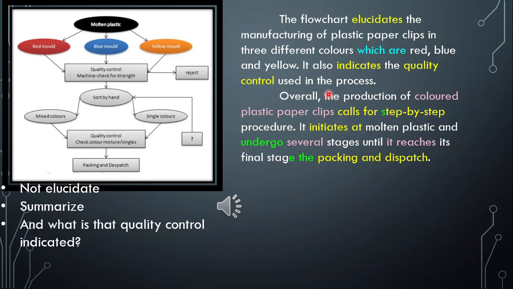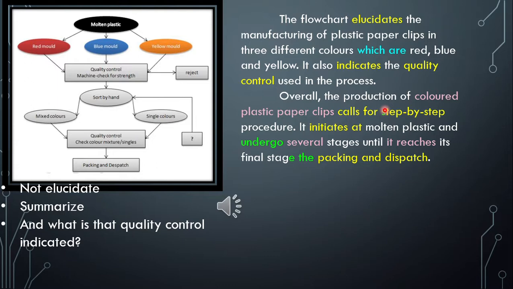Okay, your overview. "Overall, the production of colored plastic paper clips." You need to summarize, right? Plastic paper clips of different colors. "Colored plastic paper clips." Don't say this. It's not summarizing. Anyway, I'm not angry. "The production of colored paper clips."